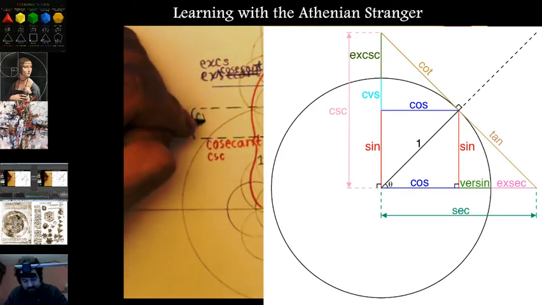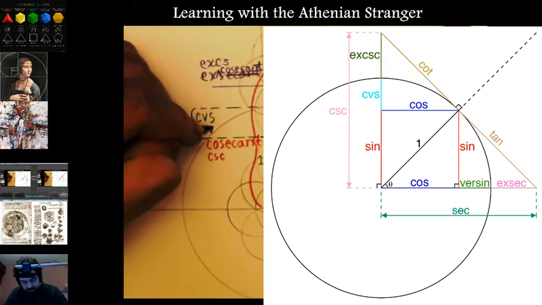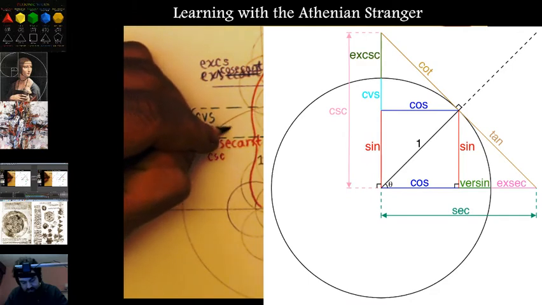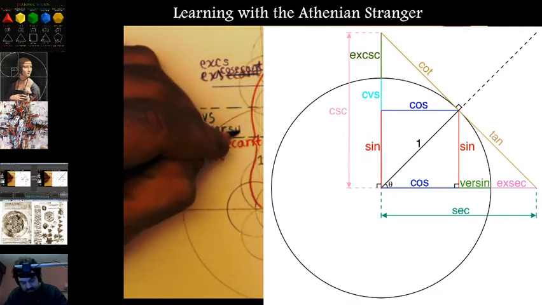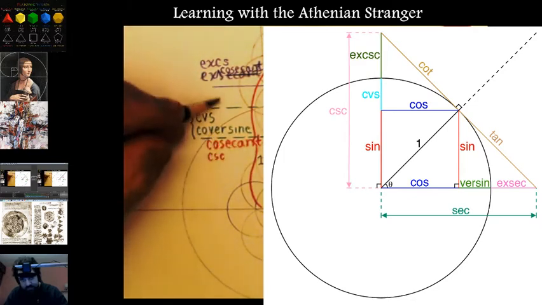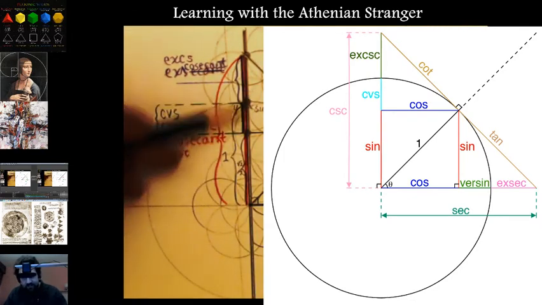It's abbreviated CVS, and it's the sine. And that is the vertical aspect of this.